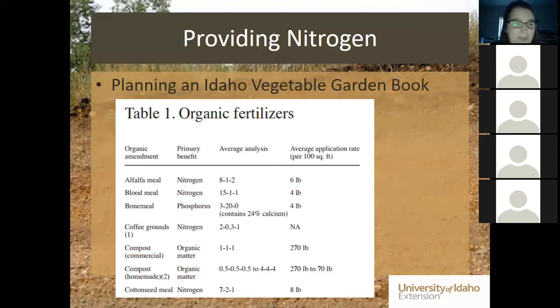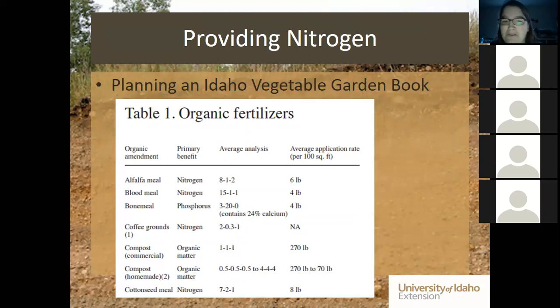fairly reasonable. But if we look down to compost commercial, its analysis is it's only about 1% nitrogen, 1% phosphorus, 1% potassium. So you need to put 270 pounds of that on per 100 square feet. Well, that gets a little thick for turf grass, so that can be hard to meet the requirements.